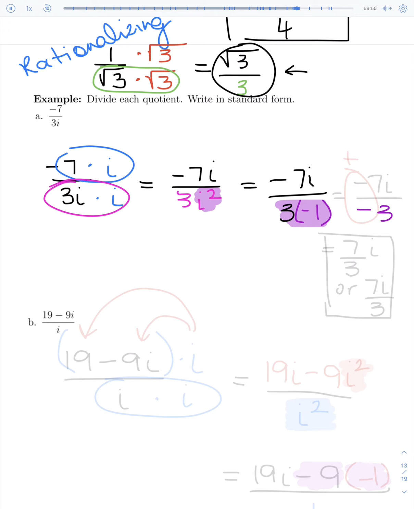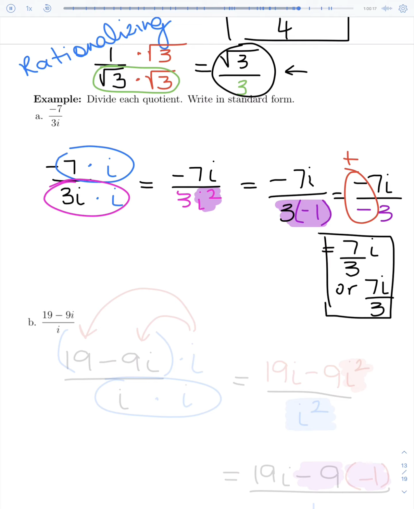And we had our negative 7i on top. So then we have a negative divided by a negative, which turns into a positive, giving us a positive 7/3 i, or you can write it as 7i over 3. It doesn't matter, they both mean the same thing, but notice that the i is on top, not on the bottom anymore, which was the goal.